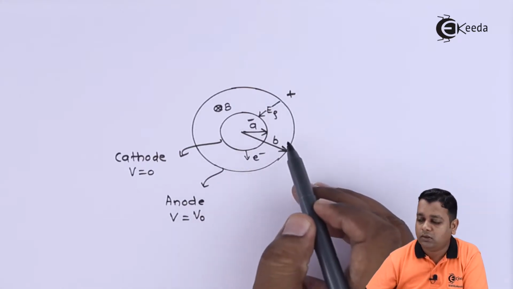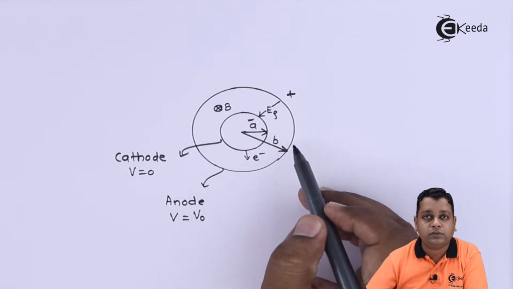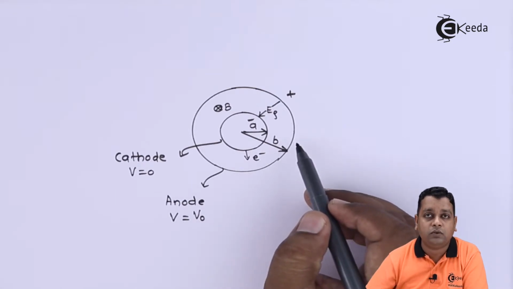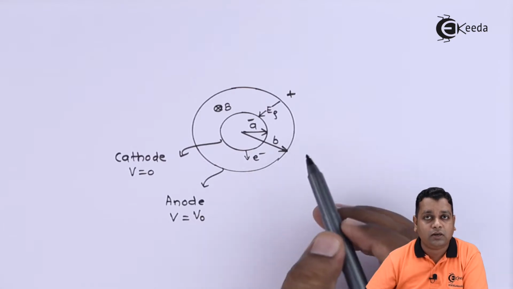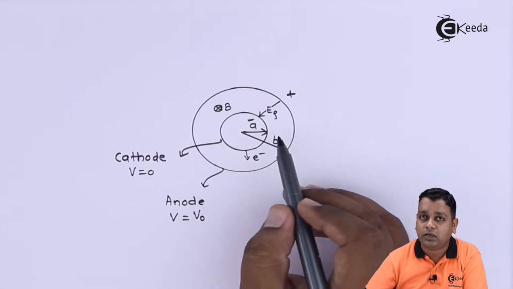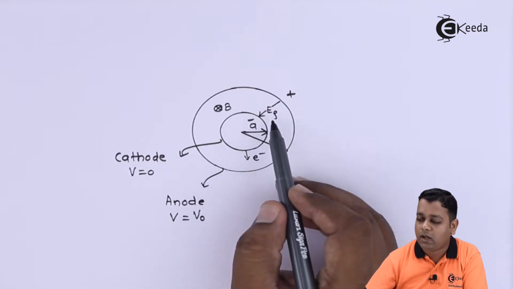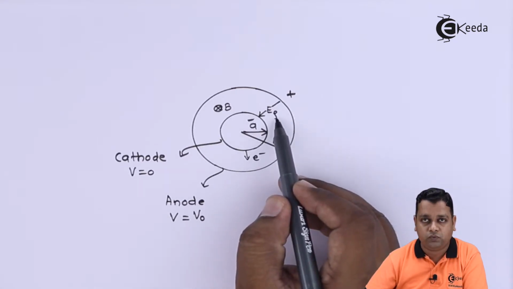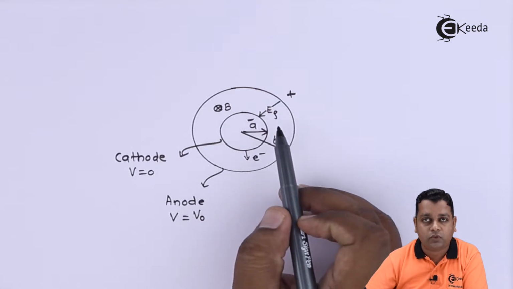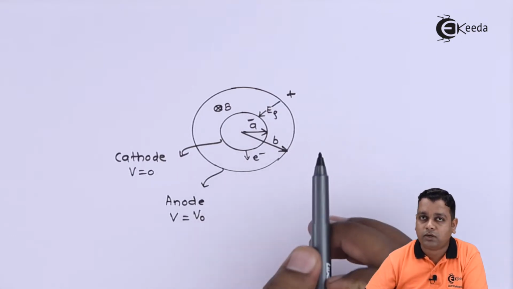If the anode and cathode are of cylindrical shape, it will be quite convenient to work with the cylindrical coordinate system. Hence the electric field intensity representing this electric field is denoted by capital E suffix rho. So the E phi component and Ez component are absent.